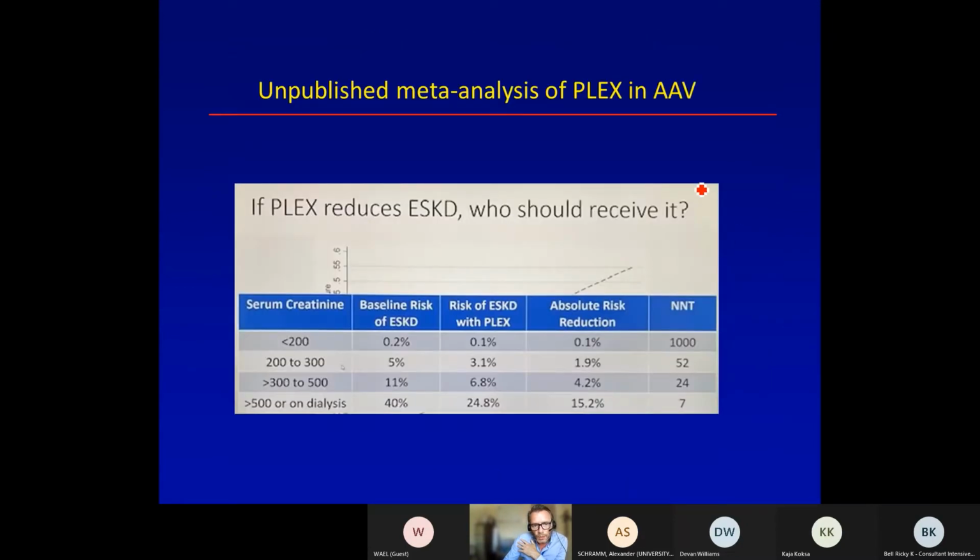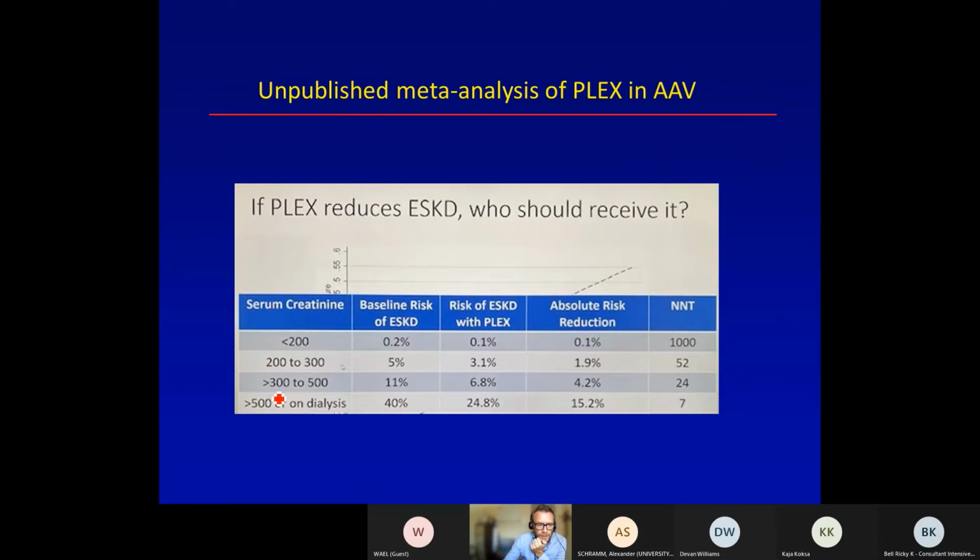Subsequent to PEXIVAS being published, there is now an unpublished meta-analysis which provides some support for ongoing use of plasma exchange in patients with acute kidney injury.